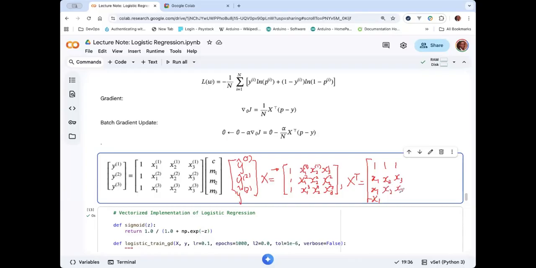The essence of doing this flipping is that you now see this entire column is for data point 1, this entire column is for data point 2, and this entire column is for data point 3. So you have 1, 1.